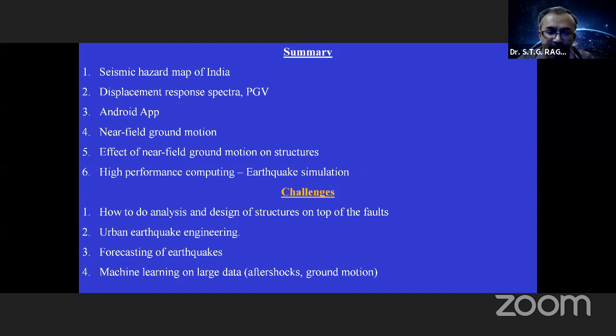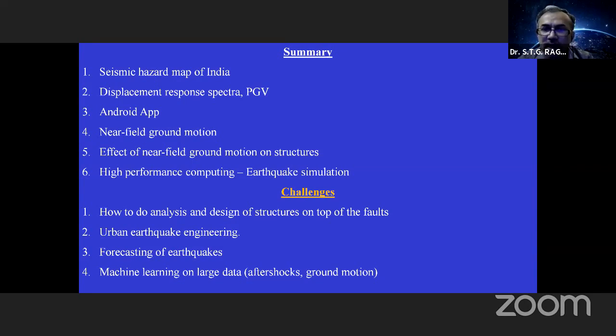Now coming to the challenges. If some of the students want to do a PhD or research in this area, the burning topics are how to do analysis and design of structures on top of the fault. There are no codal provisions or guidelines on how to do these things in our country, so some of you can take up research in this area. The other thing is urban earthquake engineering.